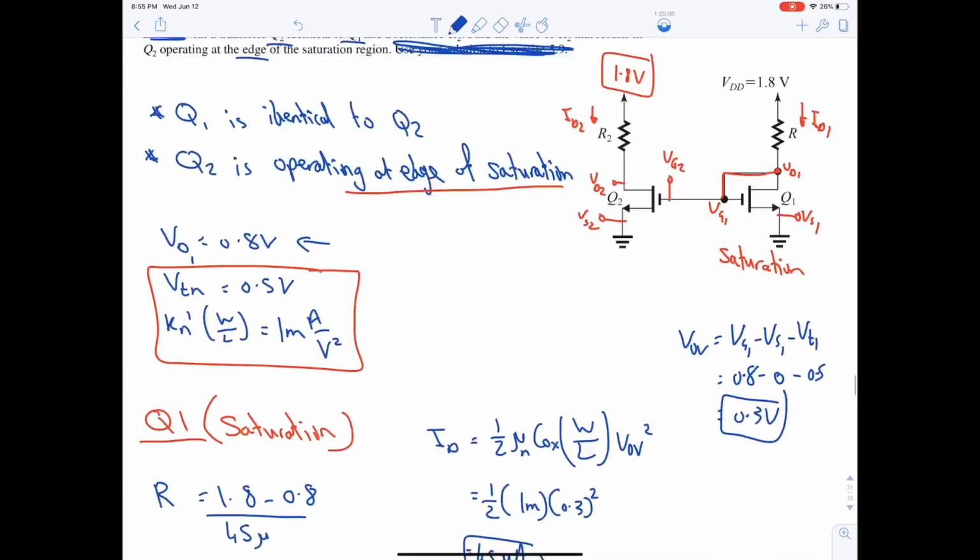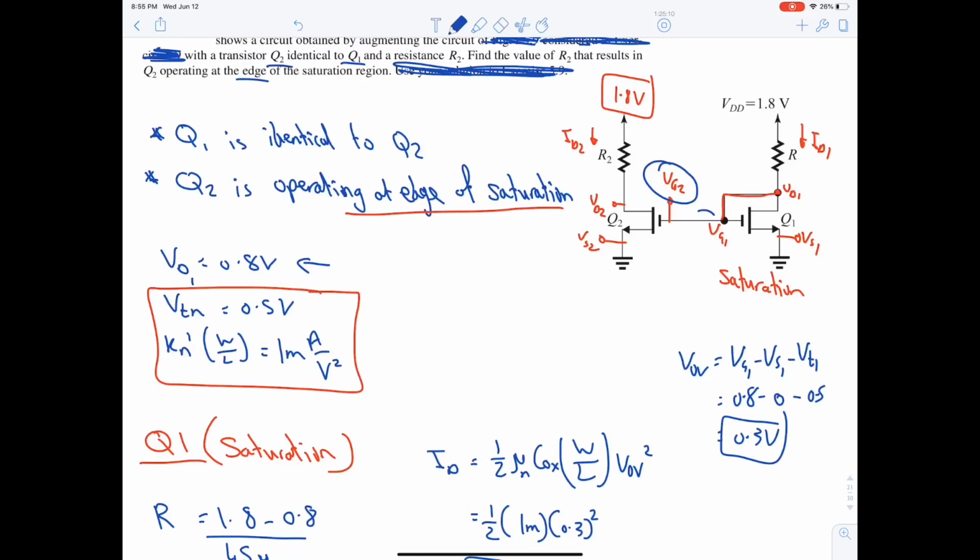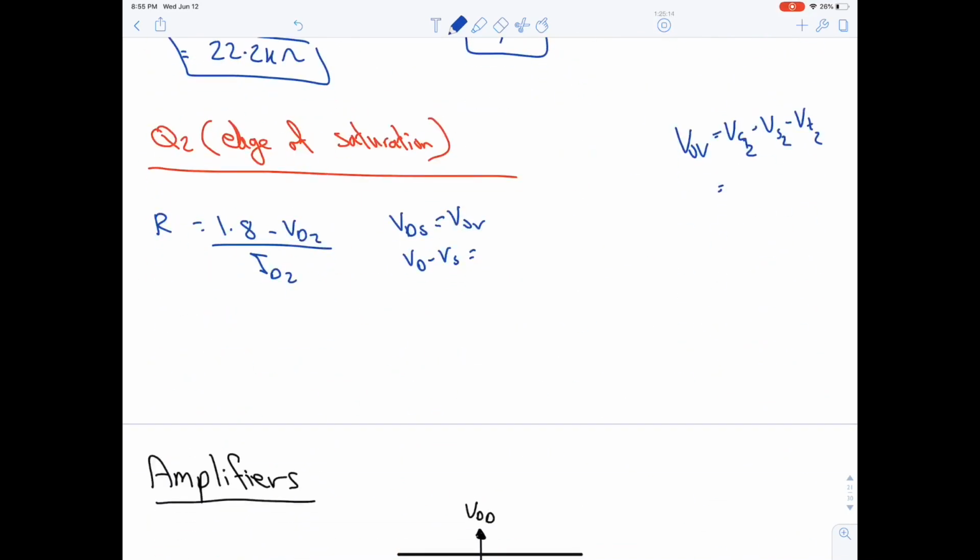VG2 is equal to VG1, and it's equal to VD1, and it's equal to 0.8. So 0.8 minus 0 minus 0.5, 0.3 volt. VD2 minus 0 equal to 0.3, hence it's equal to 0.3 volt. Okay, we're done with VD2.